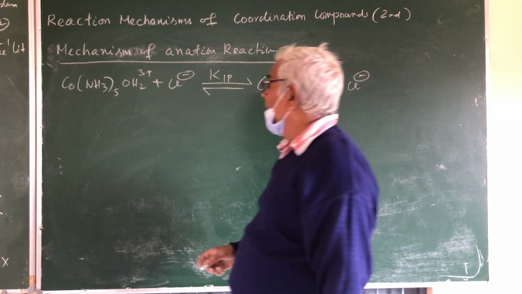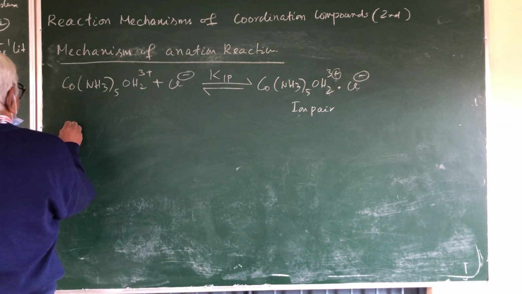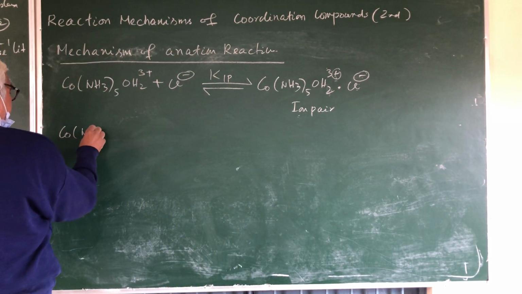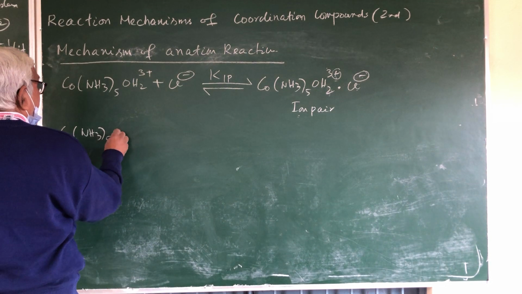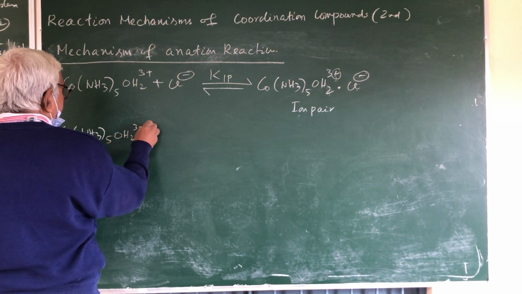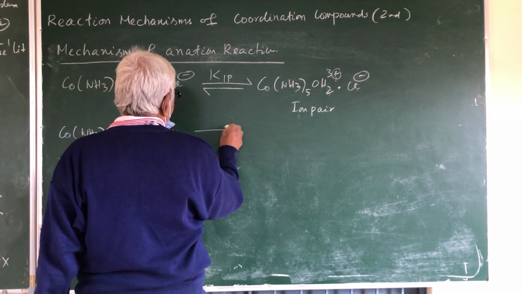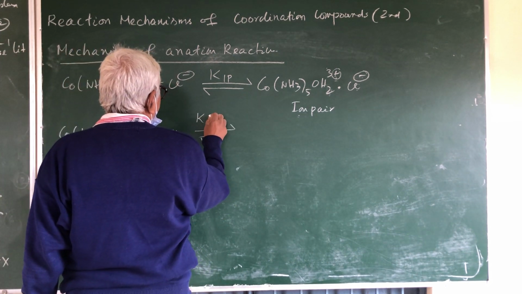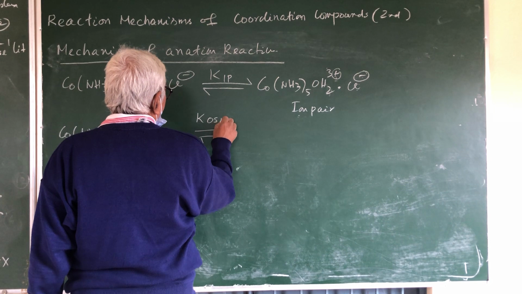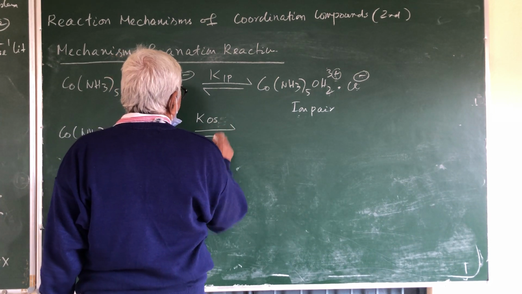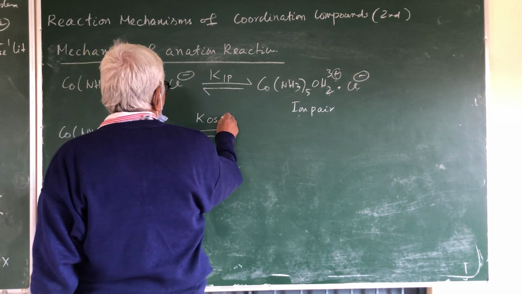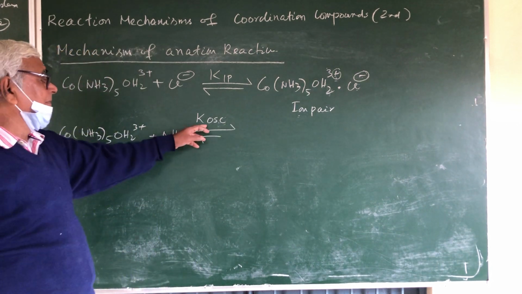If you take a neutral molecule, suppose plus ammonia, here the outer sphere complex formation equilibrium constant.